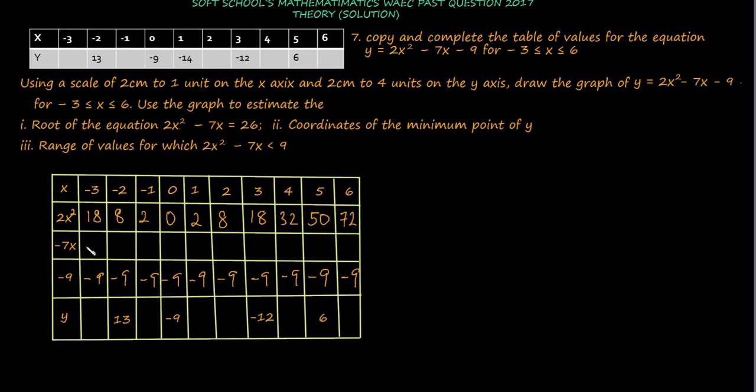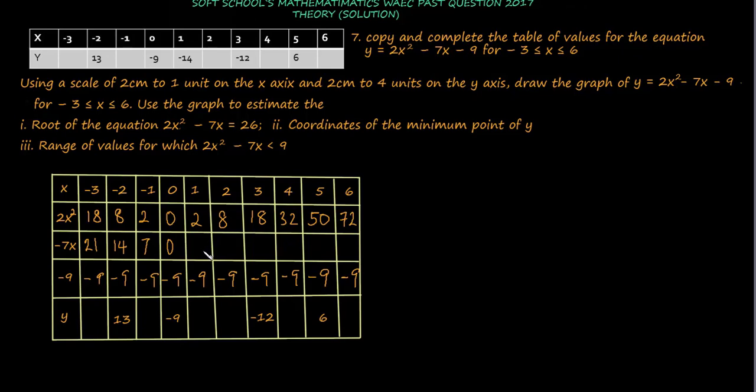So minus 7 times minus 3 gives us plus 21, because minus times minus is plus. Minus 7 times minus 2 gives us 14. Minus 7 times minus 1 gives us 7. Then 0.